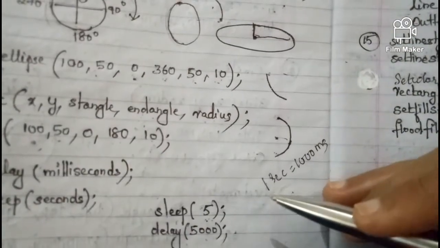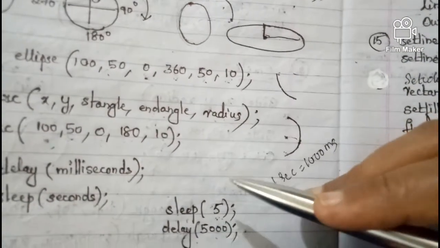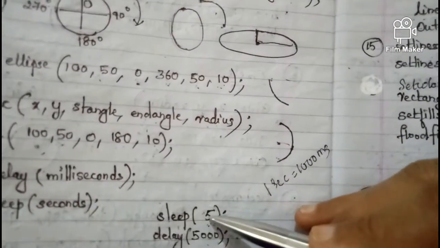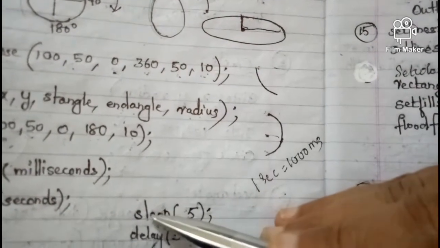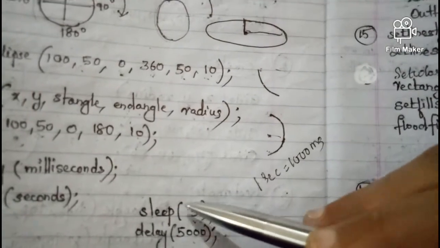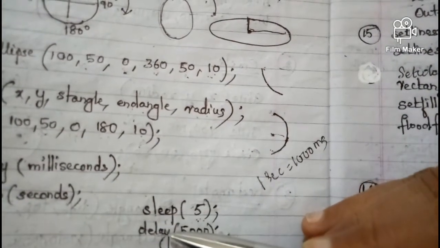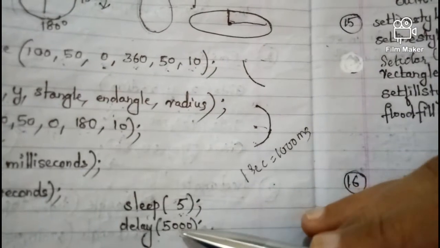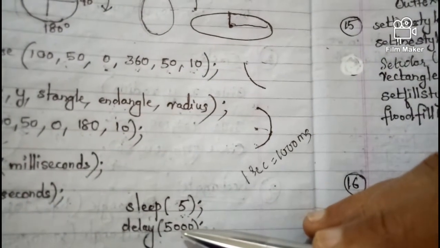Suppose I want to stop the execution for 5 seconds. Then I will give sleep 5. This indicates stop the execution for 5 seconds. Instead of sleep, if I am going to use delay function, then I will give delay 5000. What does it mean?